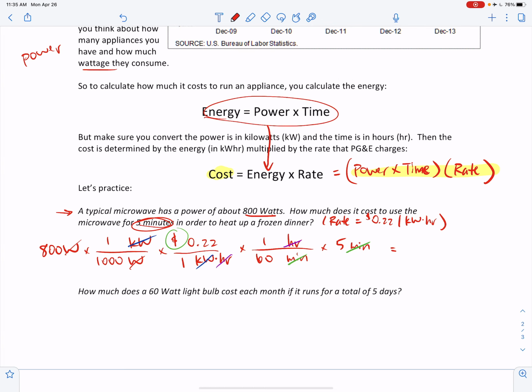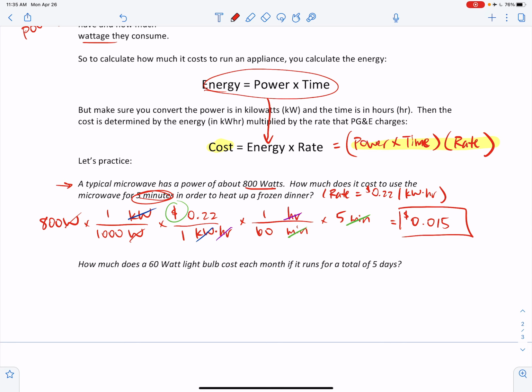So if I multiply that all out, 800 divided by 1,000 times 0.22 divided by 60 times 5, I'm going to get $0.015. This is equivalent to 1.5 cents. So it costs you 1.5 cents in electricity to heat up that frozen dinner. That's pretty darn cheap, and amazing that we've been able to make electricity that inexpensive.